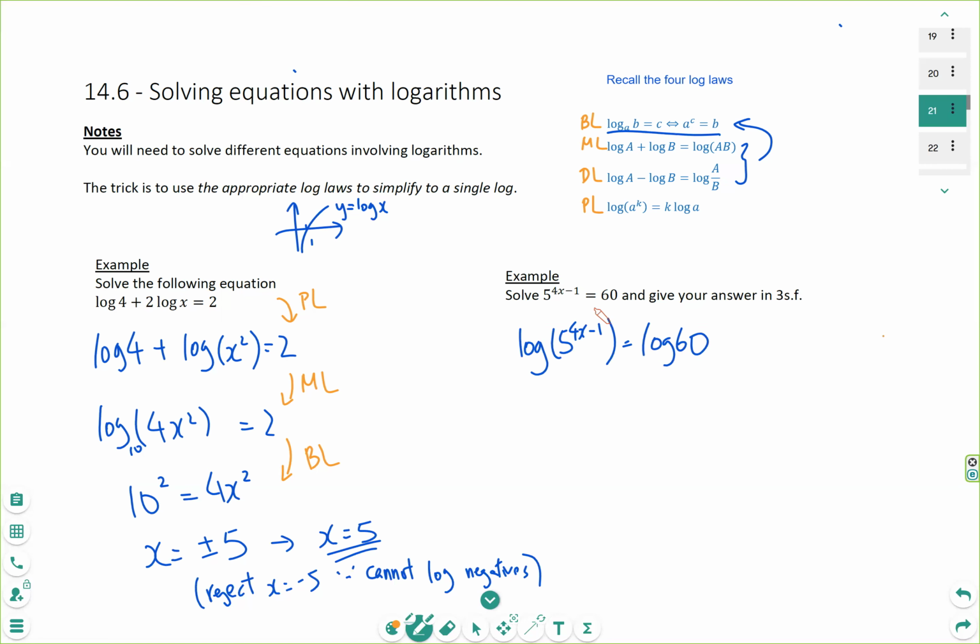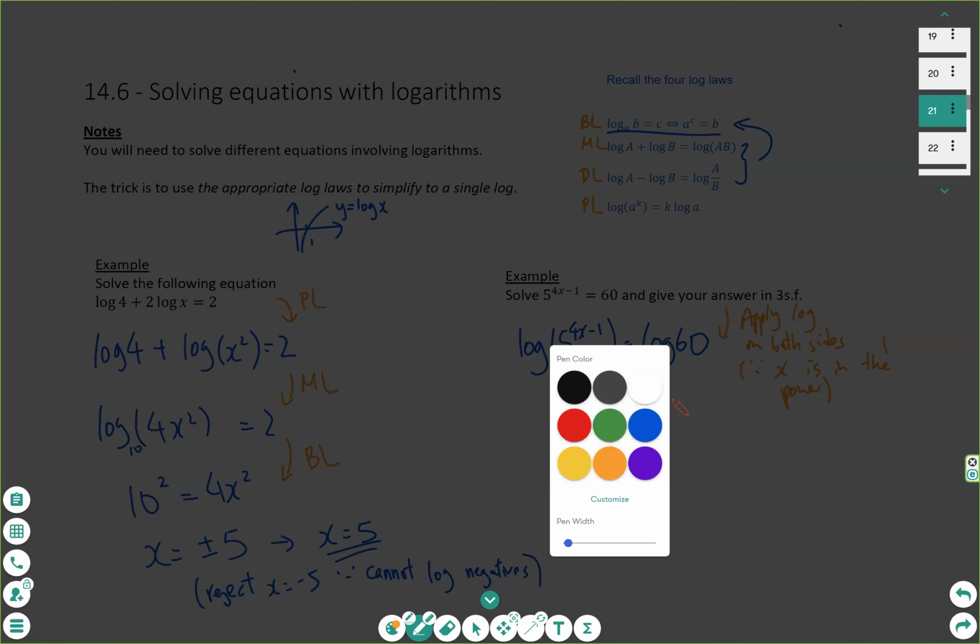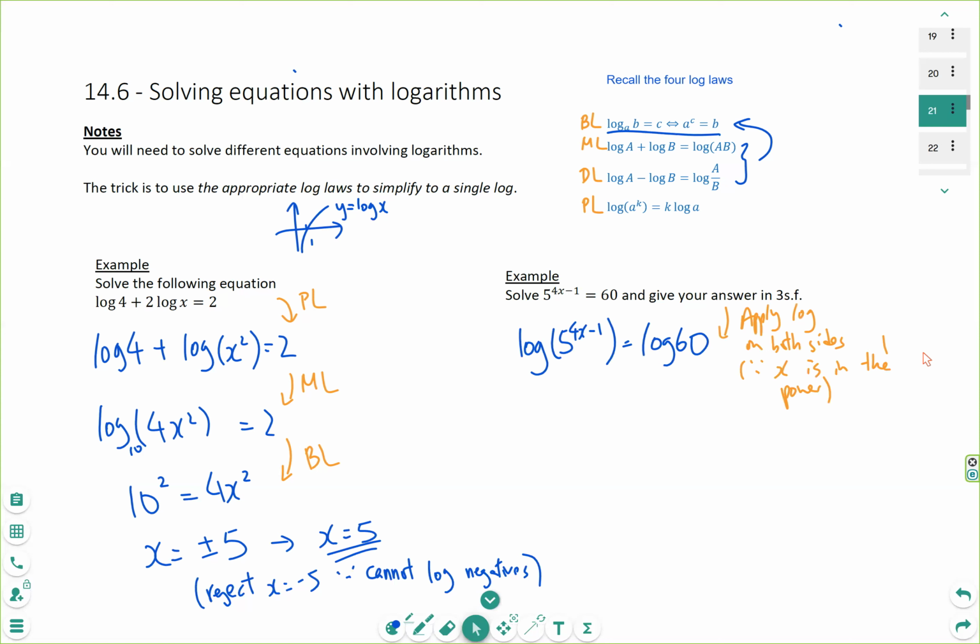So we apply log on both sides because x is in the power. If we have to solve an exponential equation, the way to go is to log both sides.